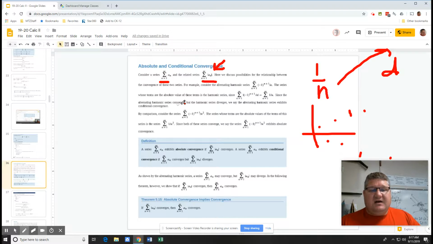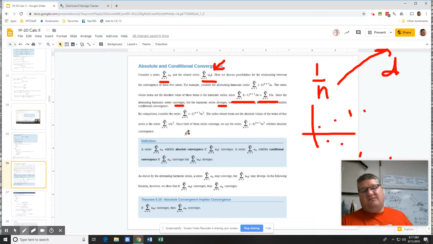Since the alternating harmonic series converges, and they talk about using the alternating series test, so since the alternating harmonic series converges, the harmonic series diverges, well, what the heck? Well, it's conditionally convergent. So if you just have a straight up harmonic, it's going to diverge. But if you have the alternating harmonic series, then it's going to converge. Well, let's think about this.